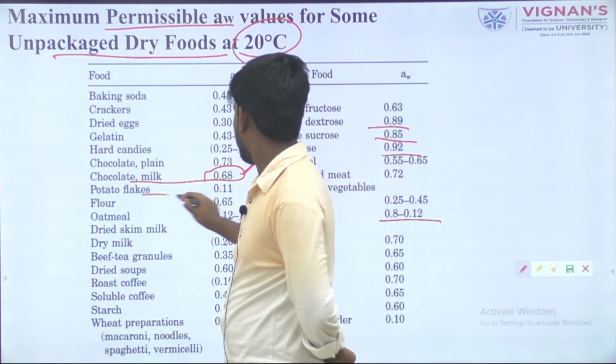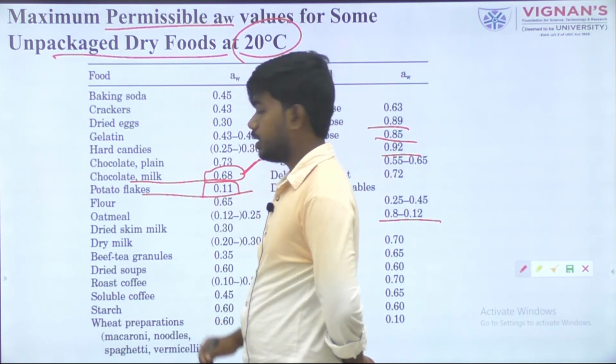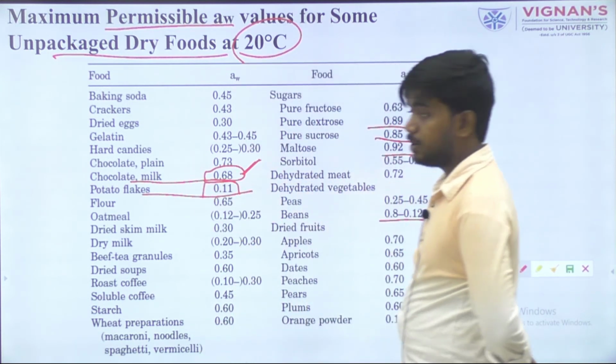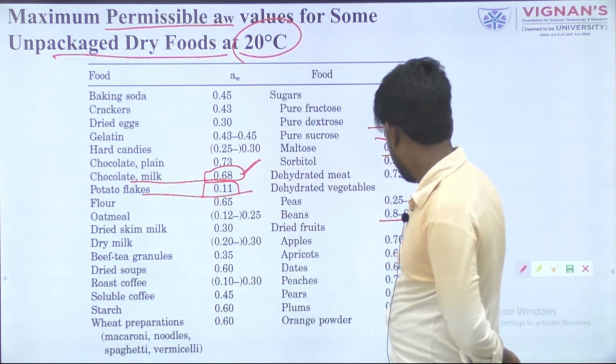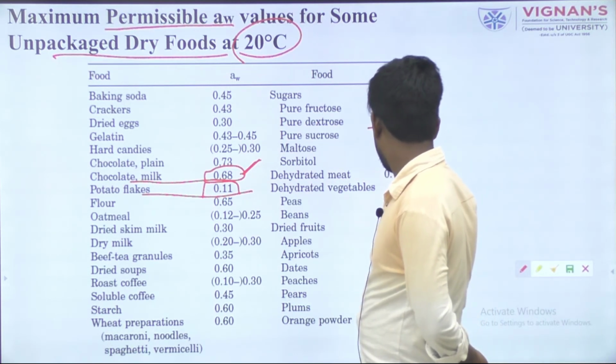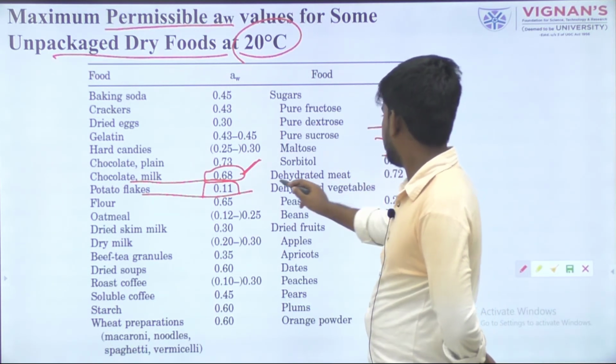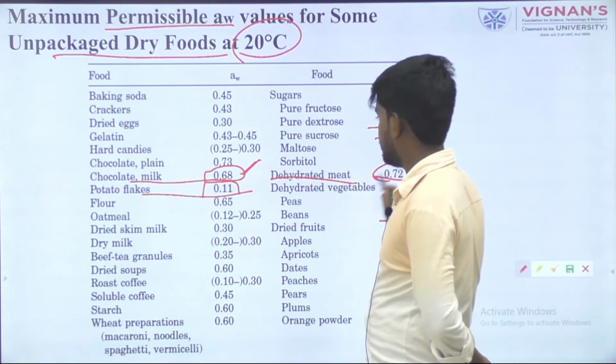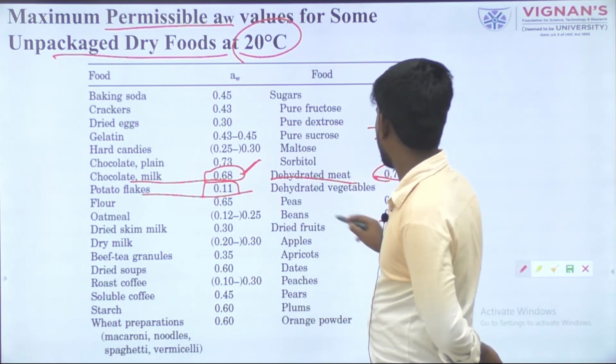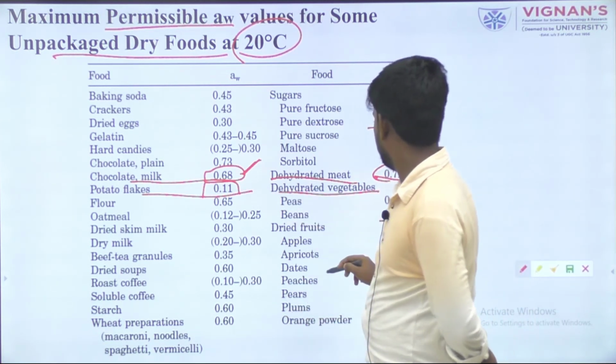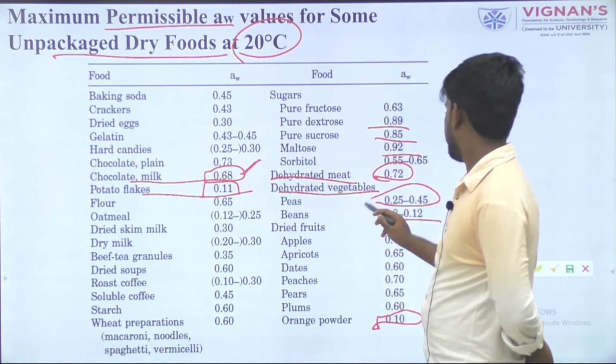Potato flakes is 0.11, the maximum permissible water activity value, and orange powder also 0.1, dehydrated meat 0.72 maximum, or dehydrated vegetable, for example pea, 0.25.